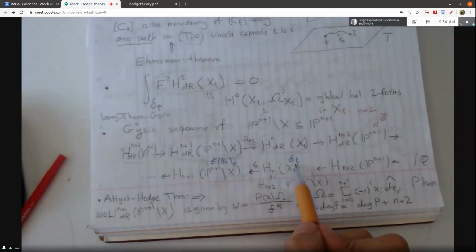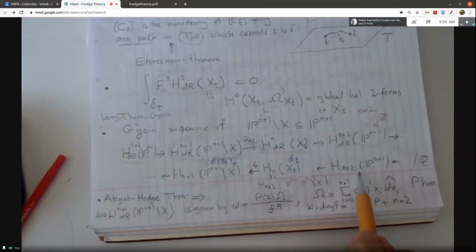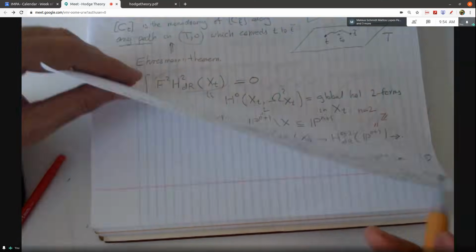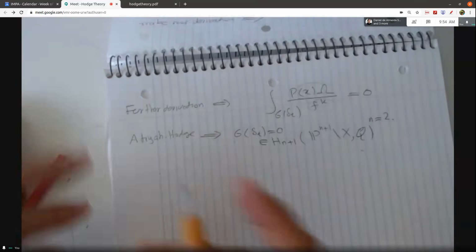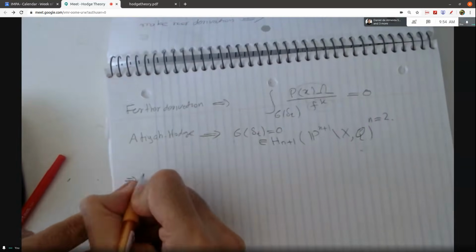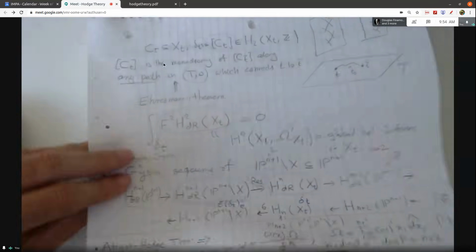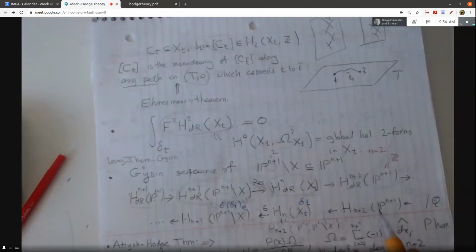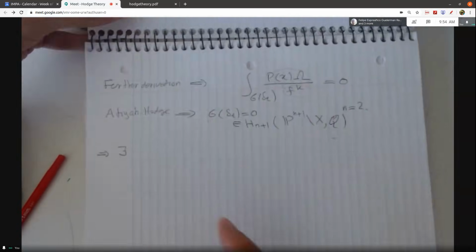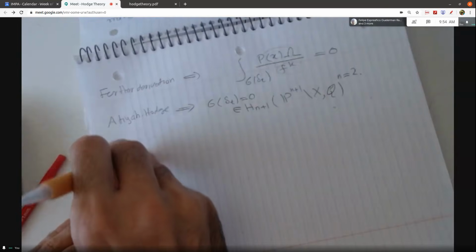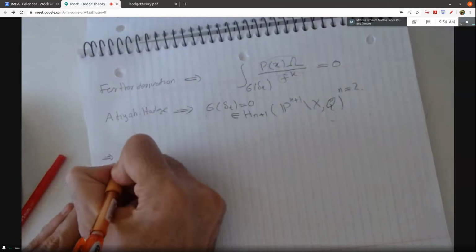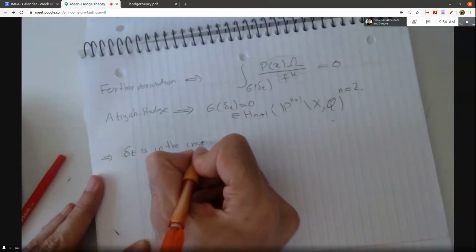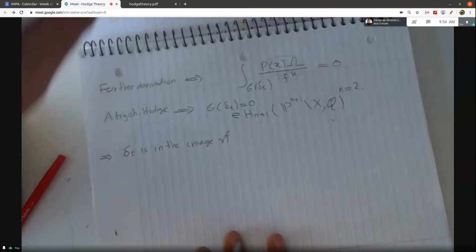So this means that delta t is in the image of this map. Let's write this one also. Delta t is in the image of which map?